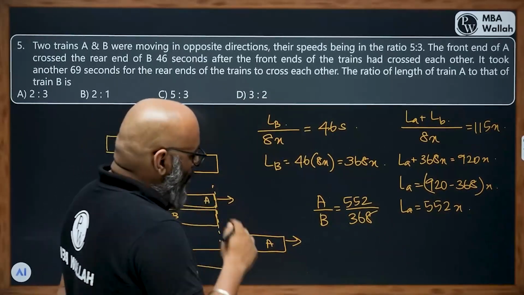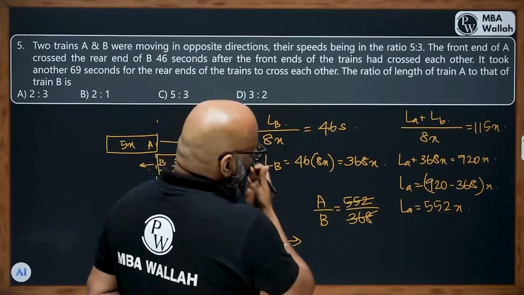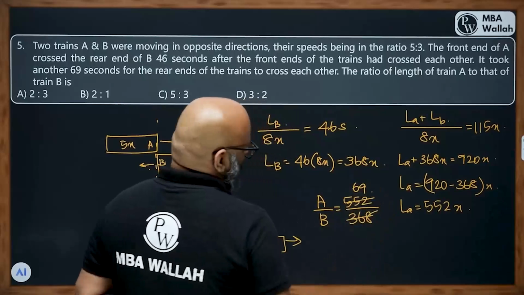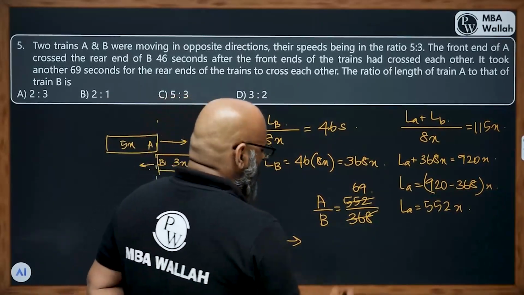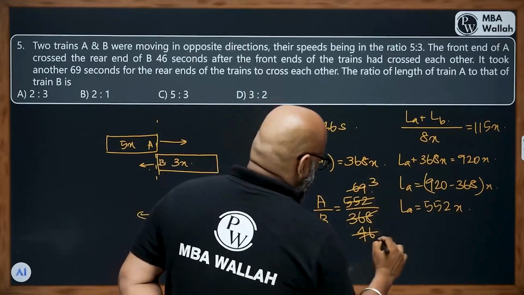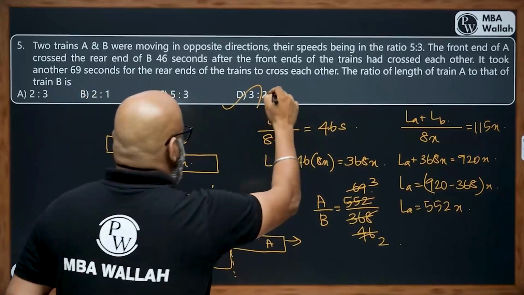I can think about cancelling them out by 8. This will beautifully be 69, and this will become 46. You can cancel it out by 23. This is 3, this is 2. So the answer option is 3:2.